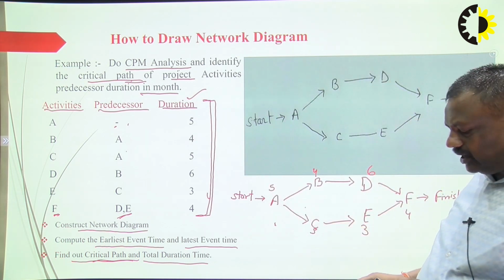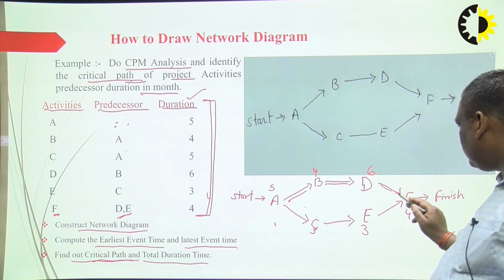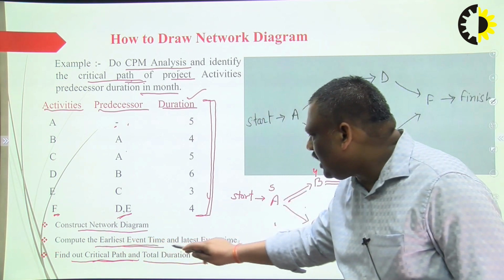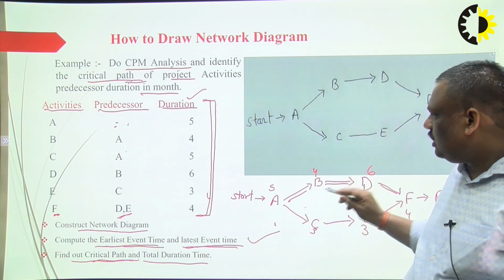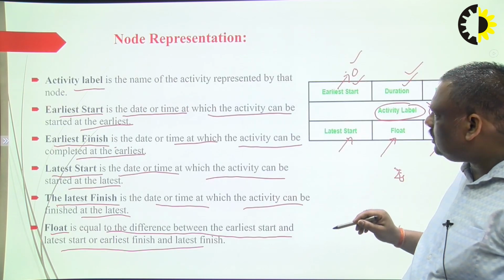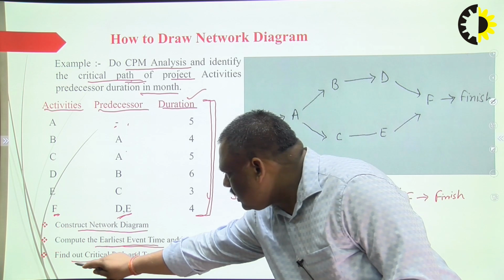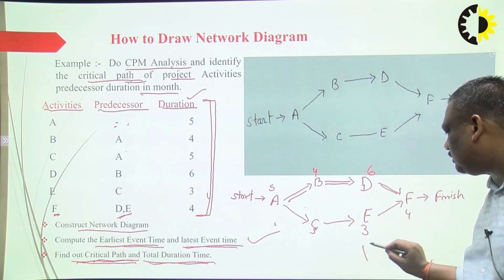The critical path is this one, where the double line is, and the earliest and latest event times are calculated in this manner, and the total duration is 19.